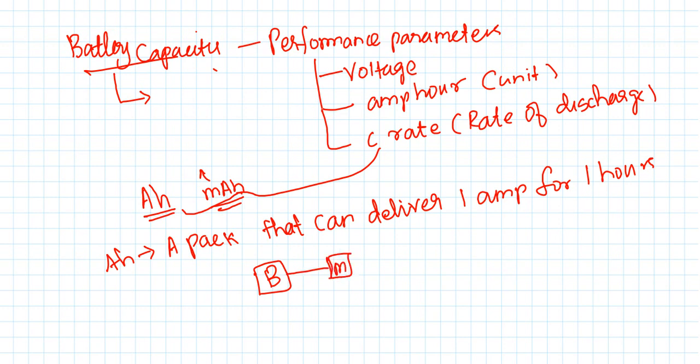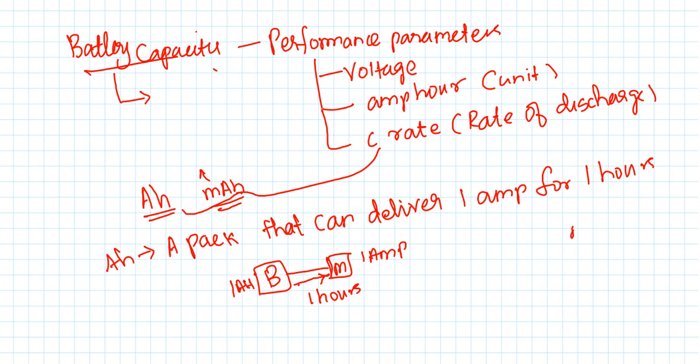The motor has a current rating of 1 amp. So with a battery capacity of 1 Ah, the battery is going to supply energy to the motor for a maximum of 1 hour.